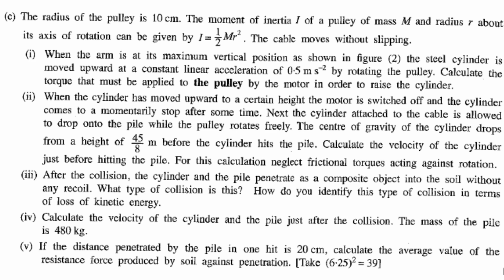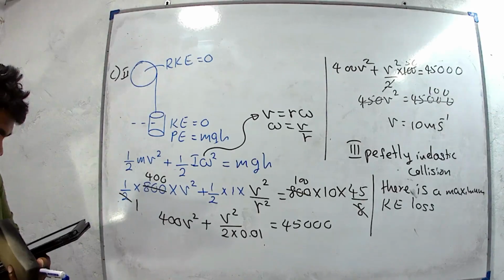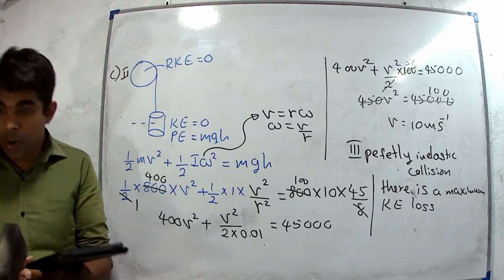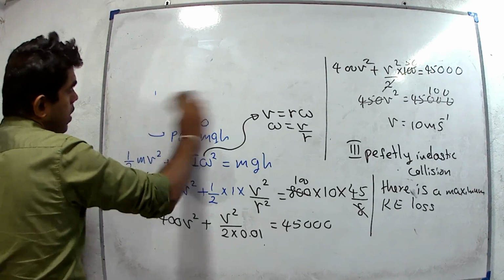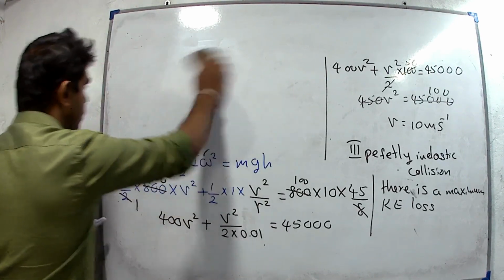Then part 4, calculate the velocity of the cylinder and pile just after collision. The mass of the pile is 480 kilograms. For the collision, we can use conservation of linear momentum.